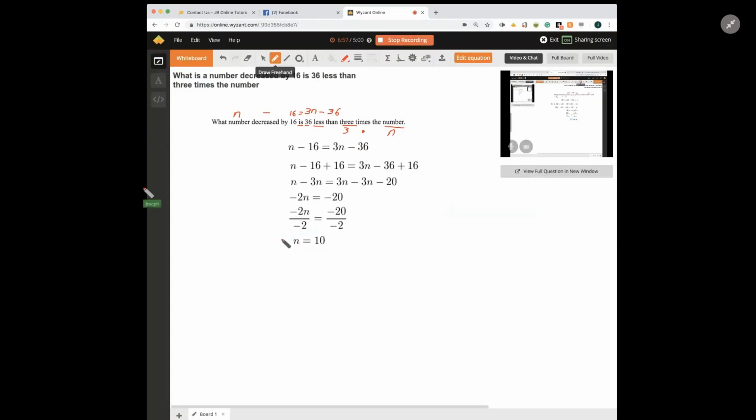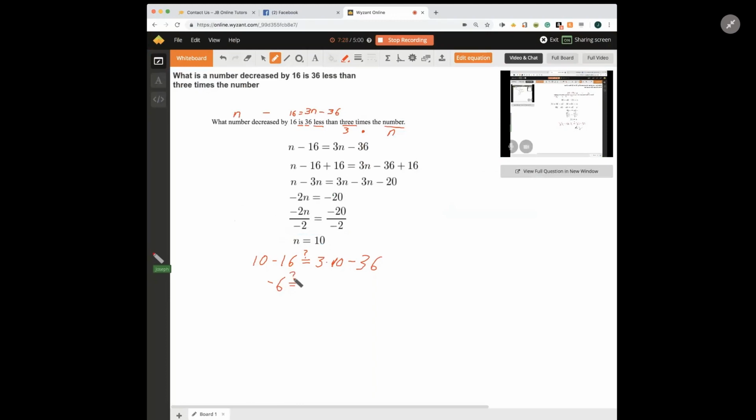Let's try that. So if we take the number and we subtract 16, is it true that we get 36 less than 3 times the number, which is 10? Well, let's see. Over here we got 10 minus 16, so 10 in the positive direction, 16 in the negative direction, that's negative 6.